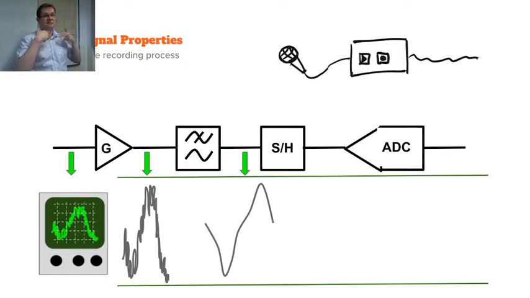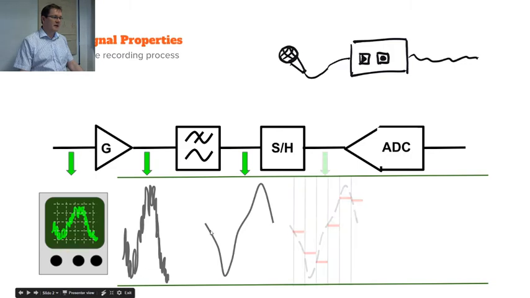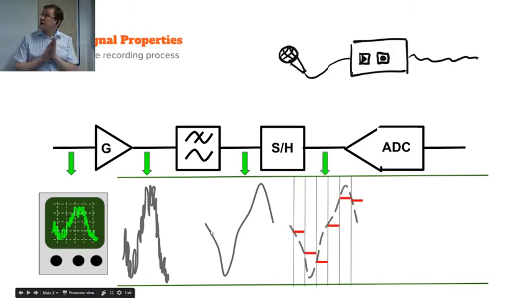That's the anti-aliasing filter, a low pass filter before sampling. At that step we have a sampled analog signal. Basically now we have discrete time, but we still have continuous values. The value can be anything, it's analog.